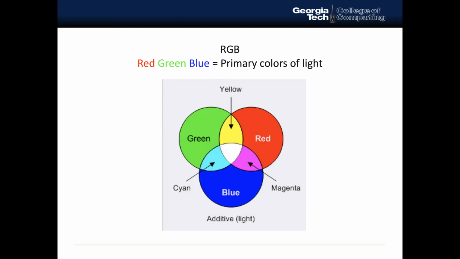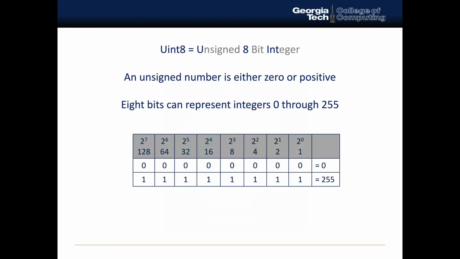And so let's get into a little bit more detail about why those specific values are used. In order to represent a pixel on the color spectrum for red, green, or blue, we're going to use an unsigned 8-bit integer. And this means that an unsigned number is going to either be 0 or positive.